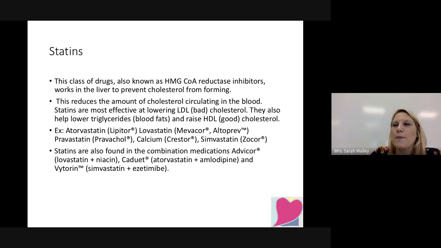They'll probably ask you to identify a statin, or they might say, which of the following is an anti-hyperlipidemic drug, and then they'll say atorvastatin as one of the answers, and you would pick atorvastatin, because statin is in that word.